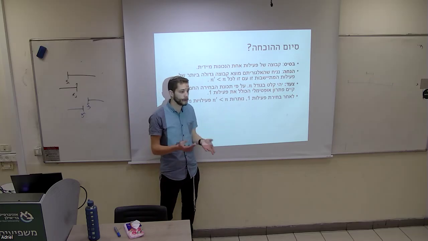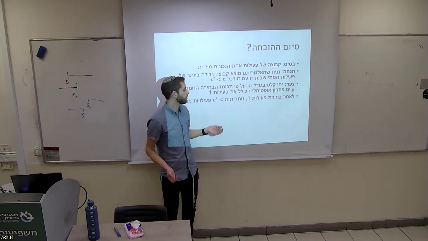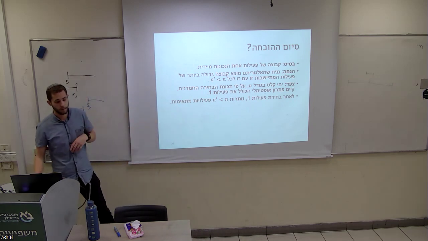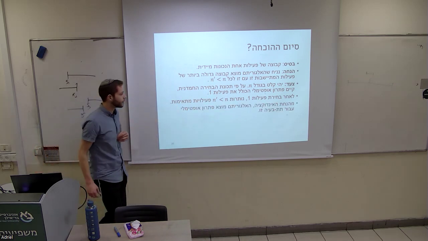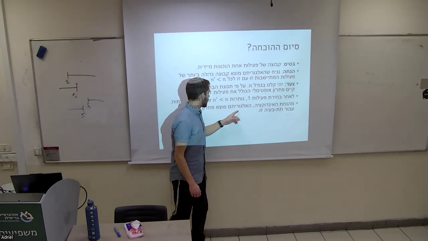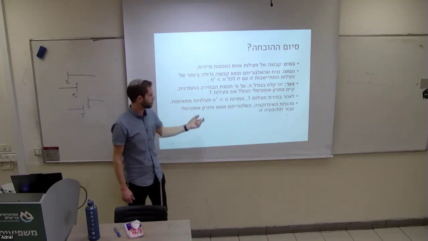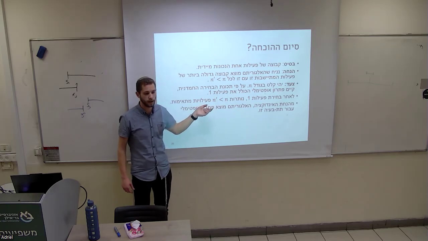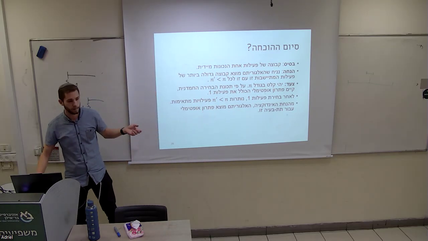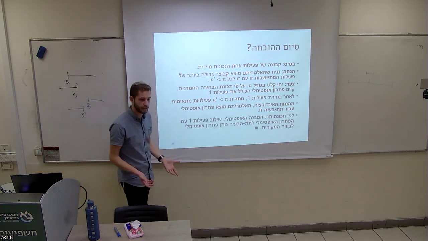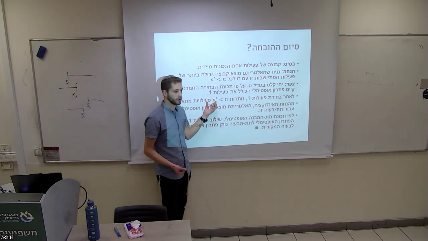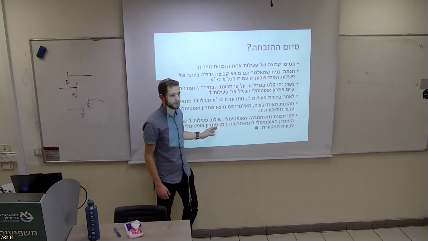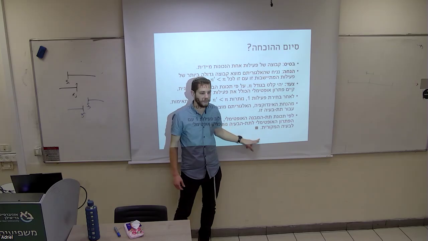Could be that we deleted a couple more that overlap with it, but we know that it's less than n. If it's less than n, we can use the induction hypothesis. The algorithm finds an optimal solution for an input smaller than n. And then we use our second lemma, which takes an optimal solution for the subproblem plus our greedy choice, and together it is an optimal solution to the problem.